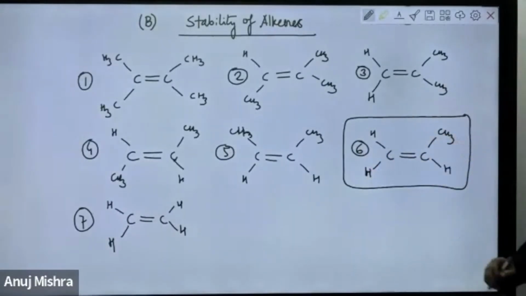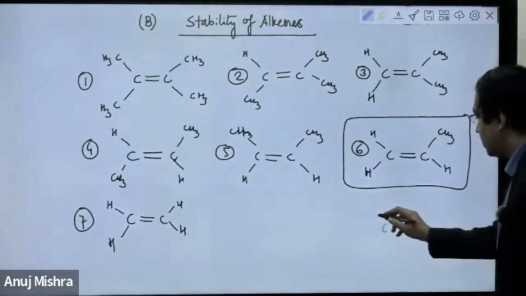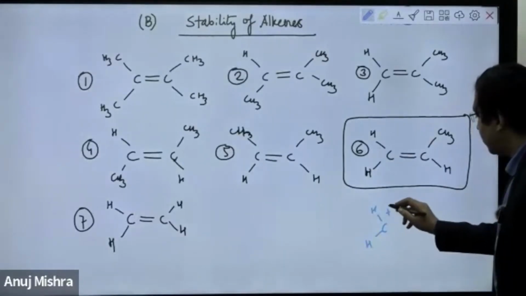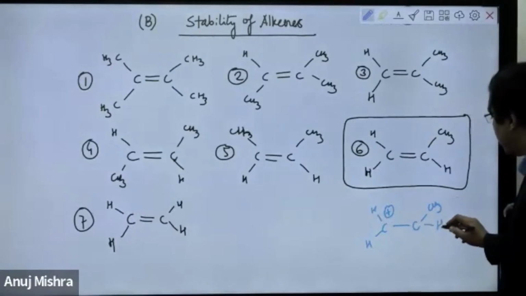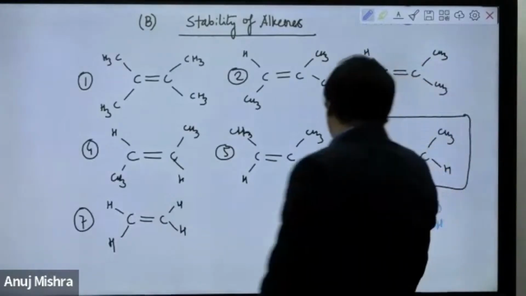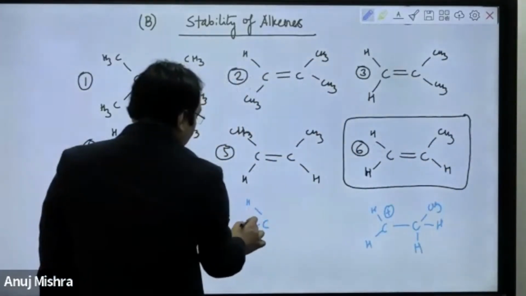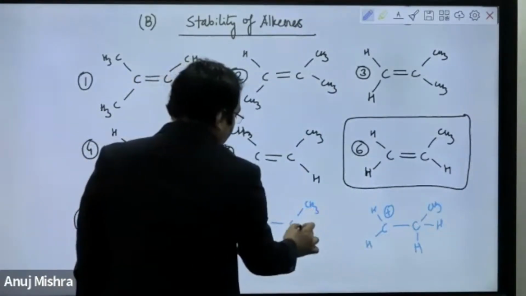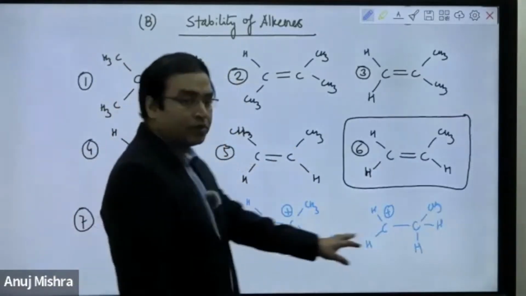If you give it H plus, how will it look? If you give it H plus, it will become H plus, CH3, H and hydrogen. That can be one option. Or it can be H. These are the two probable options.